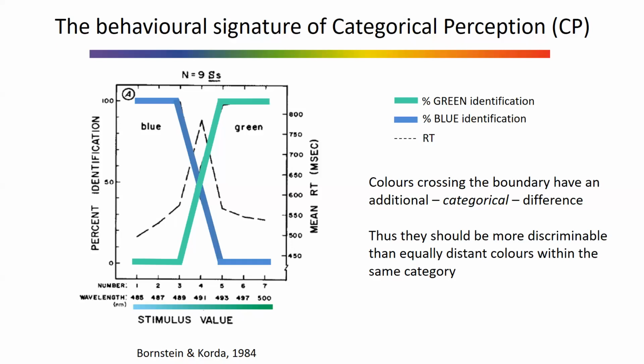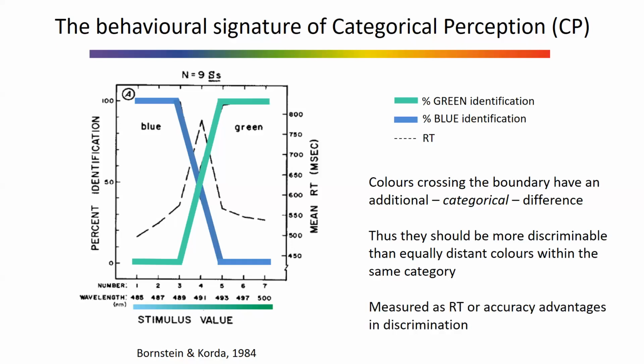It's just wavelength, which we will see later may not be optimal, but it seems that this extra difference, the cognitive difference, should create an additional perceptual discriminability advantage.